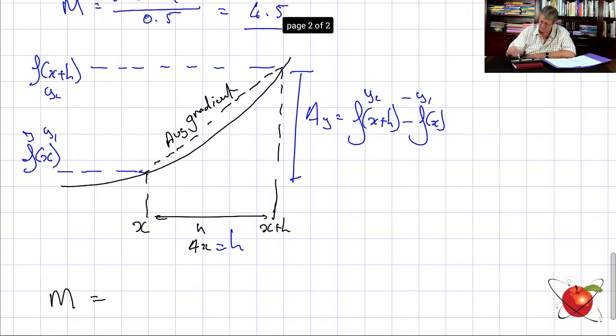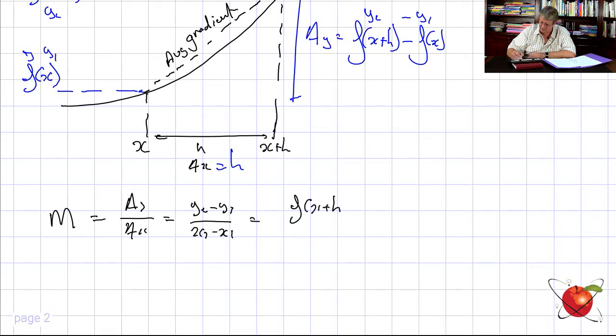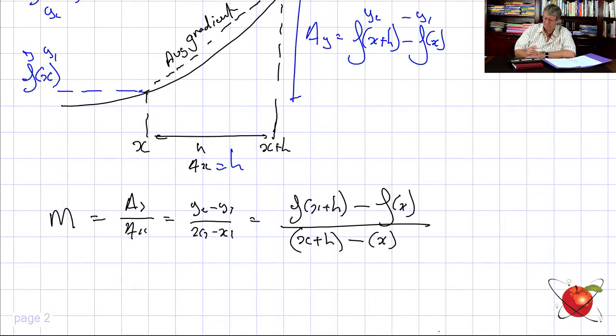The average gradient of that is going to be equal to m, which is essentially delta y over delta x, or y2 minus y1 over x2 minus x1 if you prefer. y2 was f of x plus h, minus f of x, all divided by x plus h minus x.